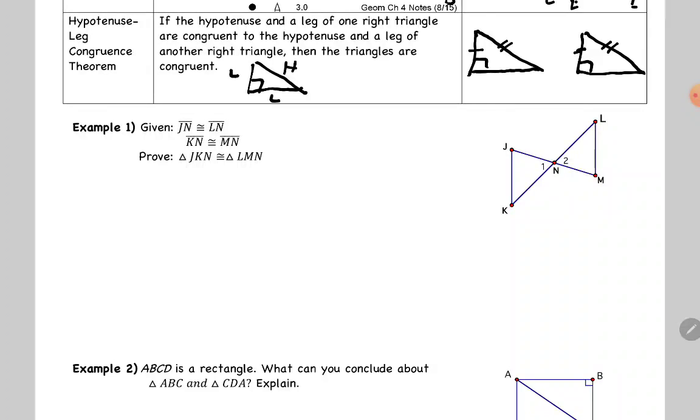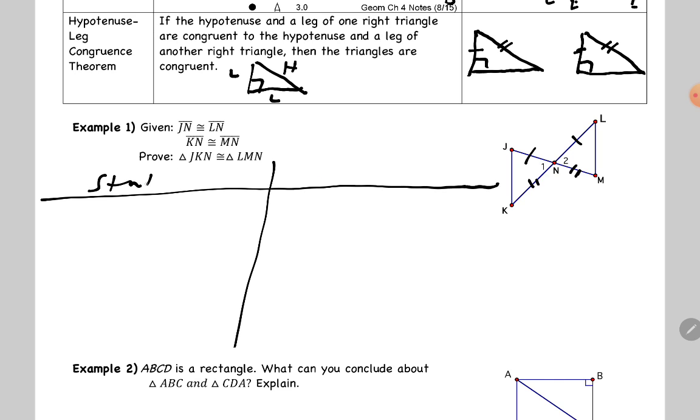Let's do a proof. They say that JN is congruent to LN, and KN is congruent to MN. Prove that triangle JKN is congruent to triangle LMN. So, statement, reason. 1.